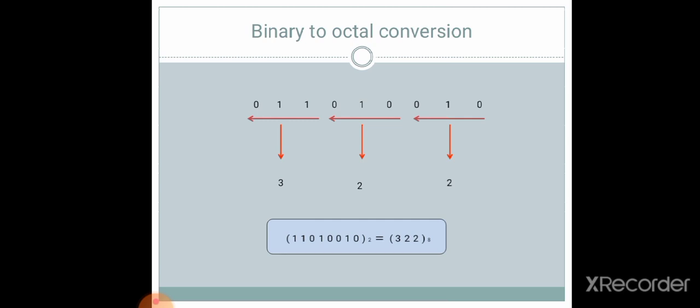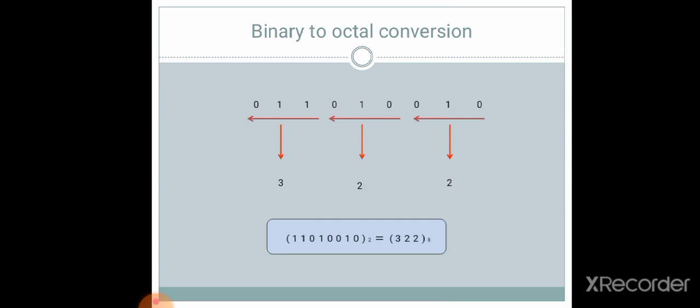You have seen in the starting what an octal number system is. It is the numbers from 0 to 7, and 7 is the highest number in the octal number system. It will consider only 0 to 7 numbers. After that 8 and 9 are skipped and the next series will start from 10, right? So this logic is used here.